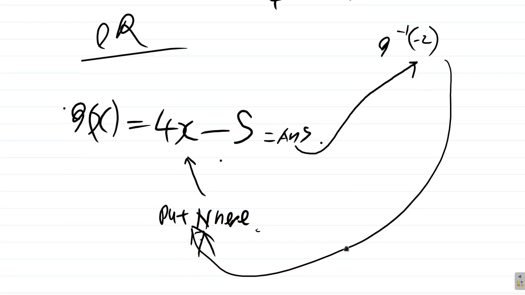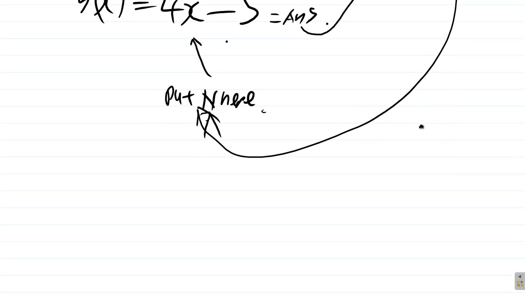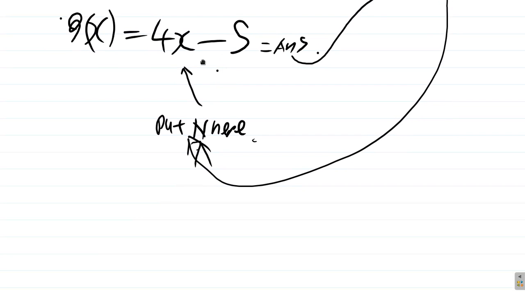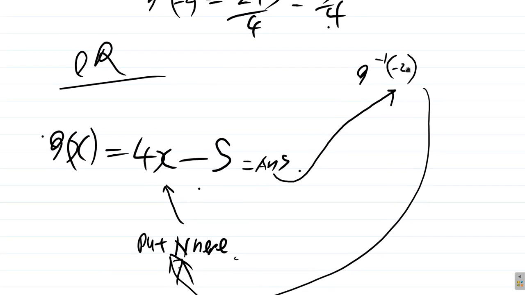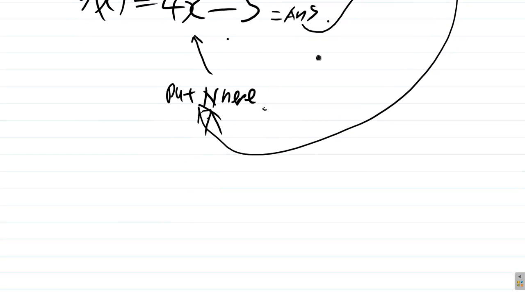Let's see. What you're going to have to do here is to say 4x minus 5 is equal to the answer. The answer that you had put in the inverse is negative 2. So 4x minus 5 equals negative 2. Now what is that number? Well, just work it out here.